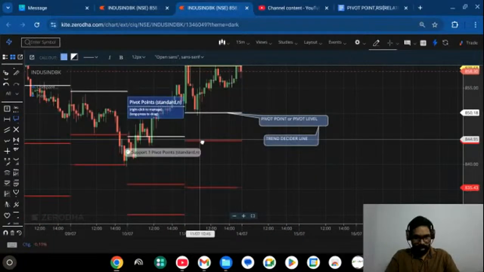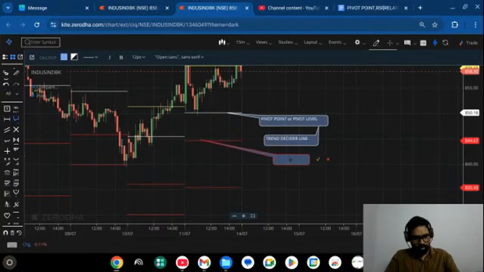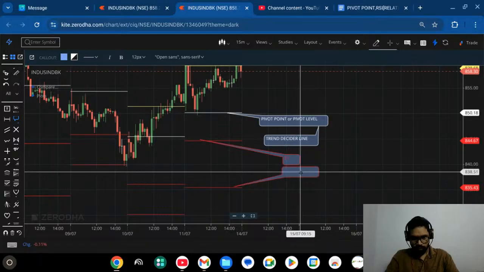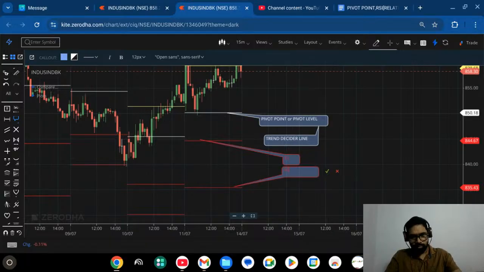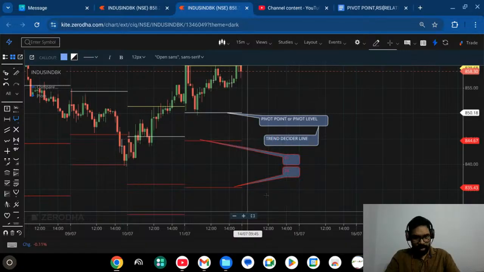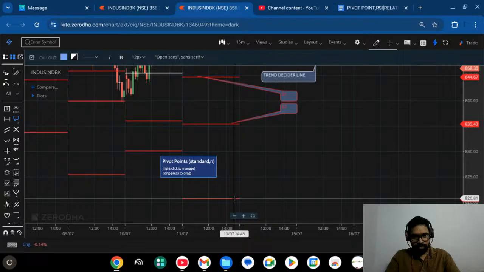Now, this is the support level S1. This is S2. How much more downside can it go? And this is S3. How much maximum can it go?